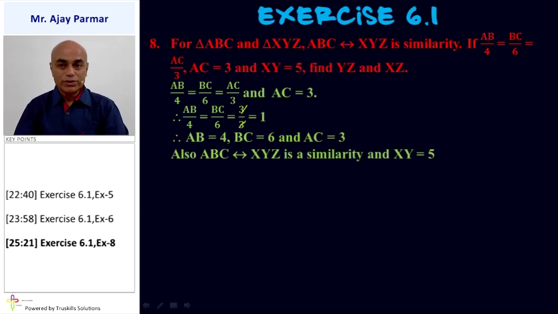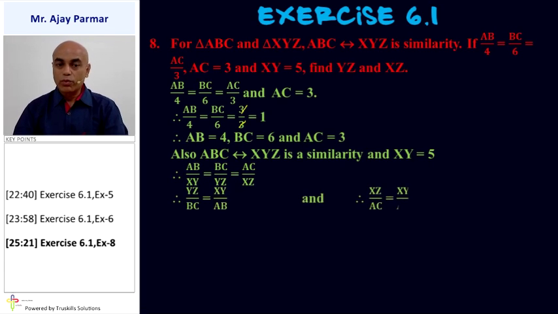Also, ABC to XYZ is a similarity where XY is 5. So AB upon XY is equal to BC upon YZ is equal to AC upon XZ. So YZ upon BC is XY upon AB.